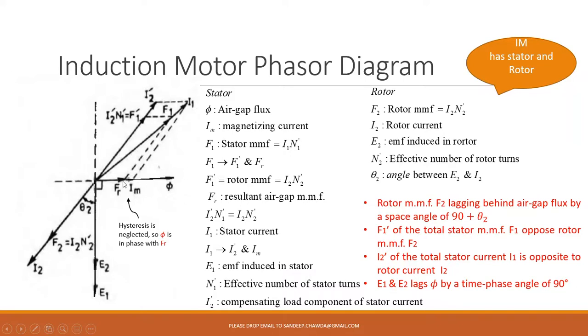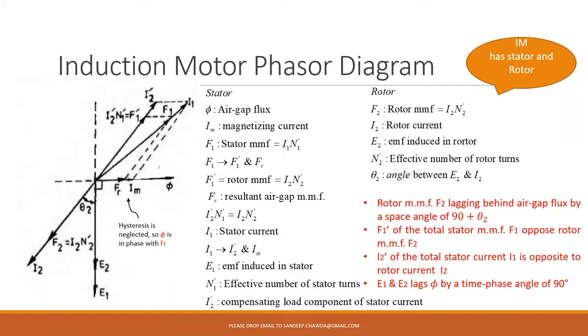So FR and F1 dash give you F1, and I1 is obtained by the phasor sum of I2 dash and IM, where IM is the magnetizing current. So this is your phasor diagram.